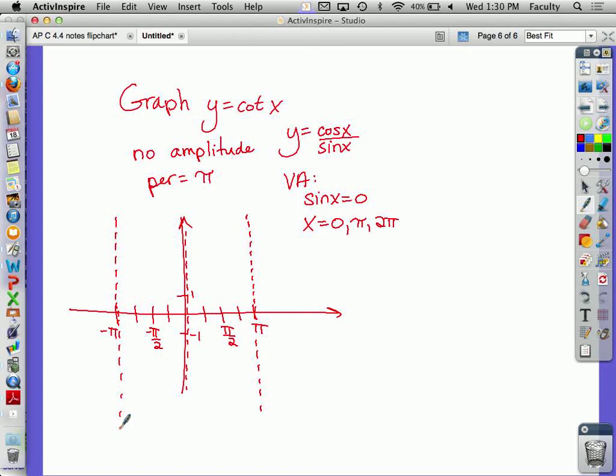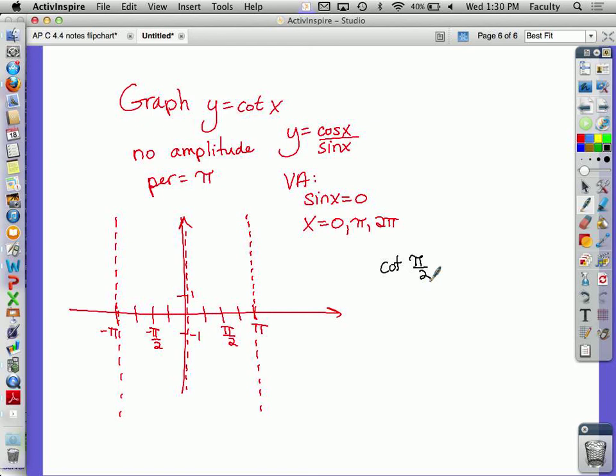Then we need some points. So let's do cotangent 0. Cotangent 0 is cosine 0 over sine 0. Oops, no, I don't need 0, do I? Whoops, we just determined that was a vertical asymptote. Sorry about that.